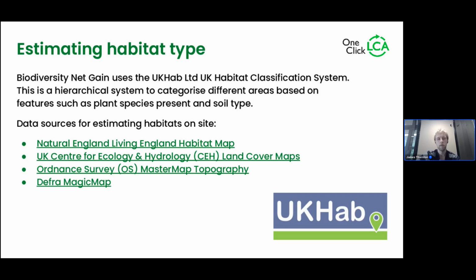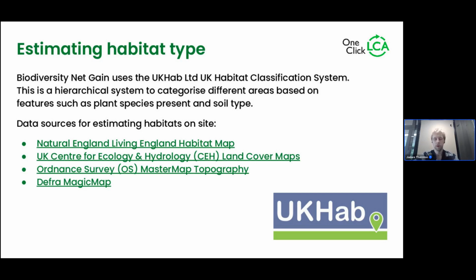So let's say now that you're at a point where you've got two or three potential sites, and you obviously need to know what kinds of habitats are on there for you to start doing BNG. If you can't physically go, there are some online data sources. I think off the top of my head, two of these are paid, but two of them are free.